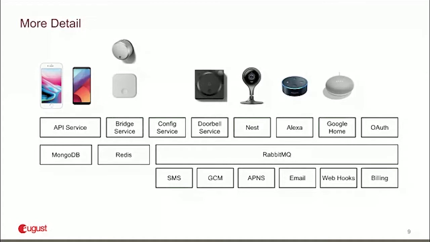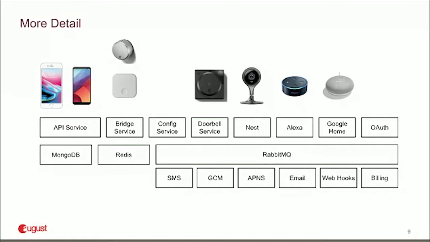And this is the system as it exists today. We have mobile phones, Android and iOS, talking to an API service. There is a specific service just for the bridges. When you say you want to unlock the door on the mobile phone, and you're not home, the mobile phone makes a REST call against the API service, which then communicates with the bridge service to say, I need to tell this lock to unlock.